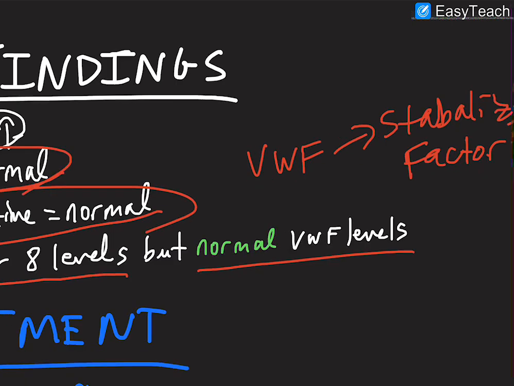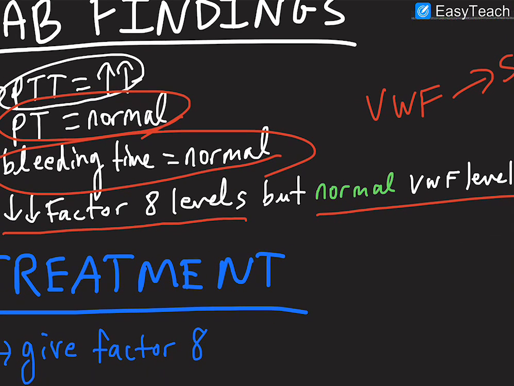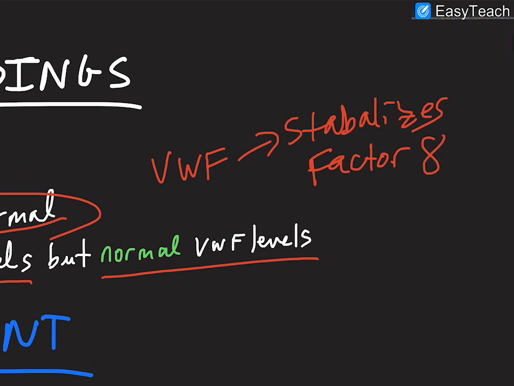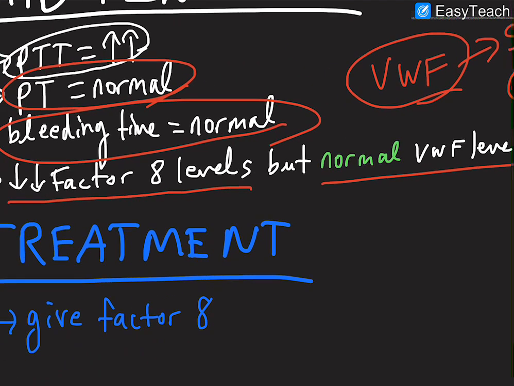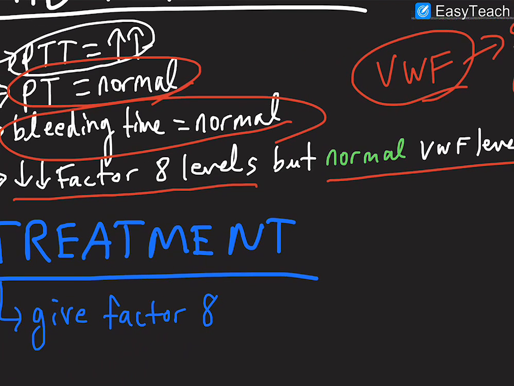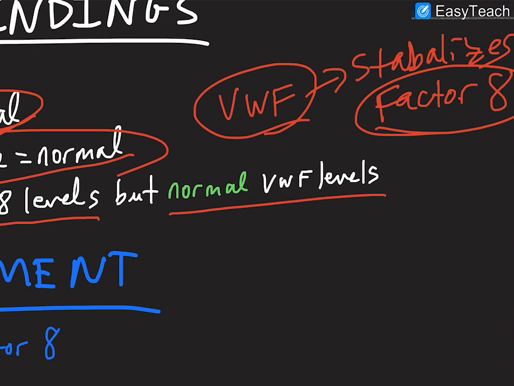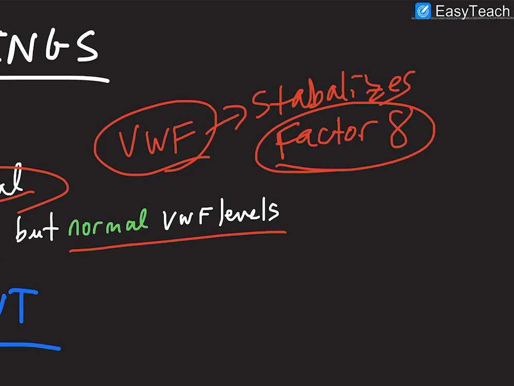Okay, so if you had low von Willebrand factor, then you could see bleeding symptoms similar to what you would see in a deficiency in factor VIII, because von Willebrand factor stabilizes factor VIII. You may see mild bleeding symptoms that mimic factor VIII deficiencies, right? But it won't be as severe as hemophilia A, of course.